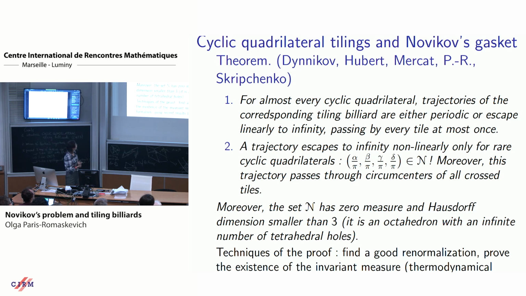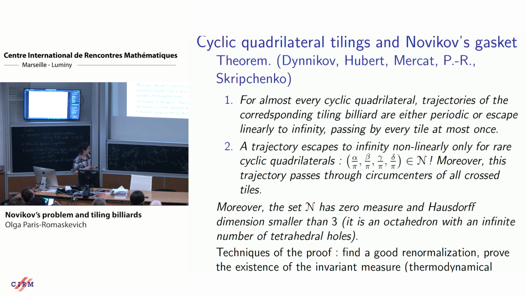Okay, so now let me state the analogous theorem for cyclic quadrilateral tilings. For almost every cyclic quadrilateral, the trajectories do the same as on triangle tilings. Either they are periodic, or they escape to infinity in a linear way. And as in the case of triangle tilings, there is an exceptional set of angles, of forms of tiles, for which you have a non-linear escaping behavior.